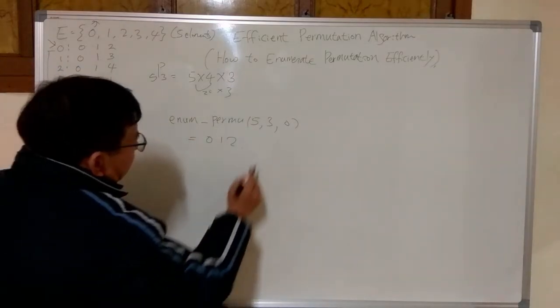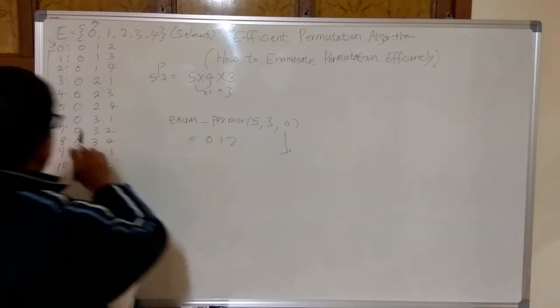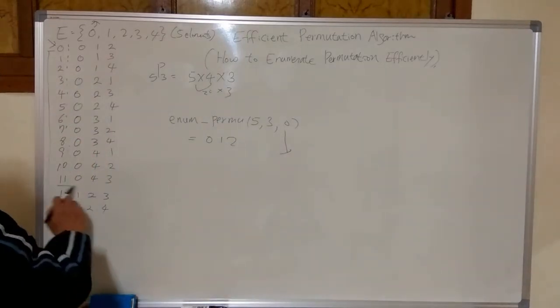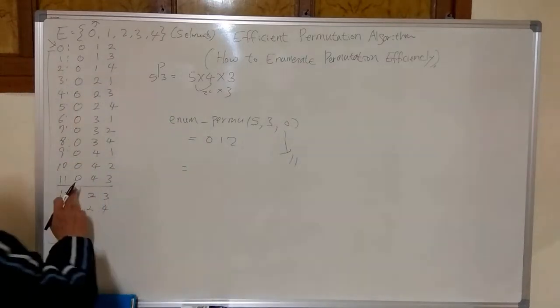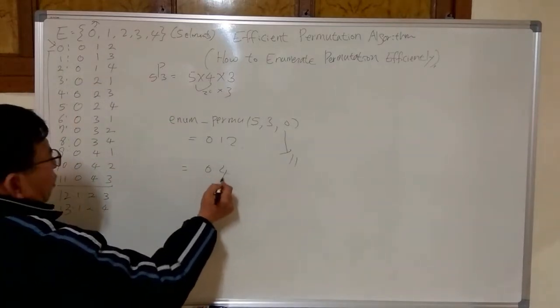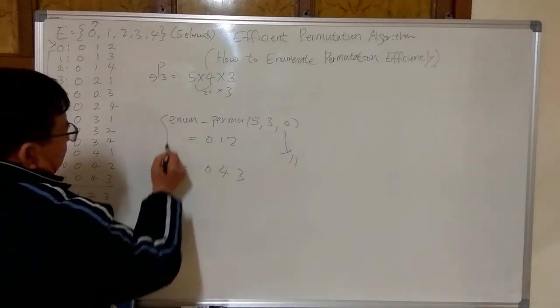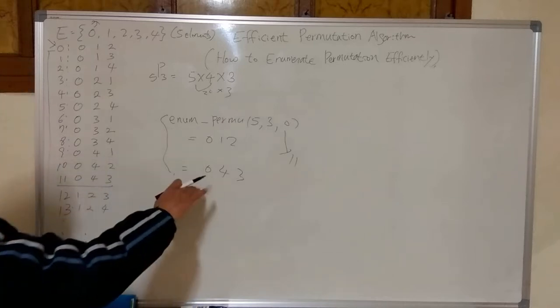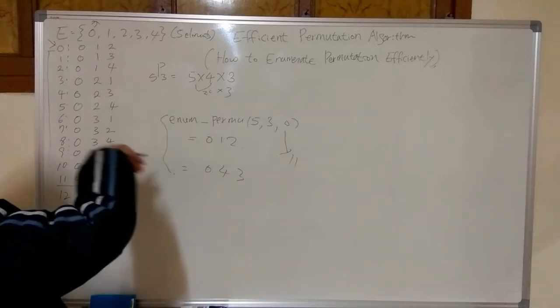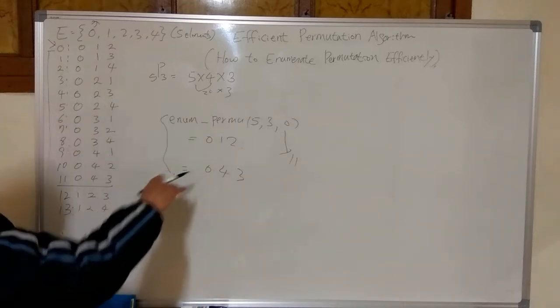If we give it 11, then it will give this number, 1, 4, 3. This is enumeration, permutation enumeration. We are going to make such functions, and I am going to explain how to make such functions.